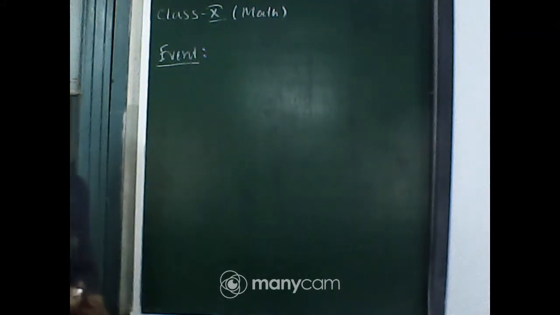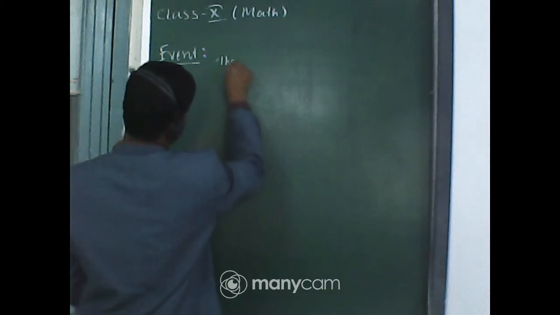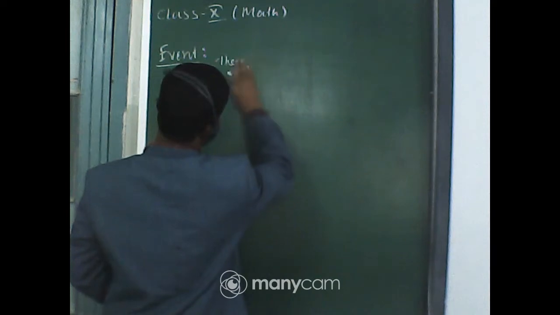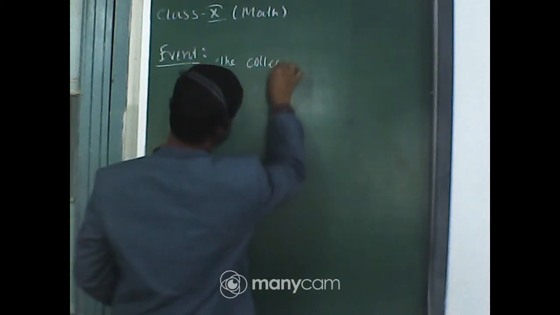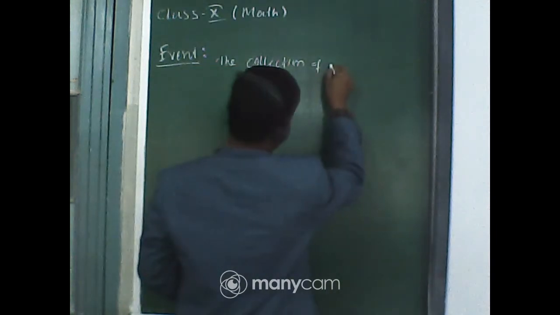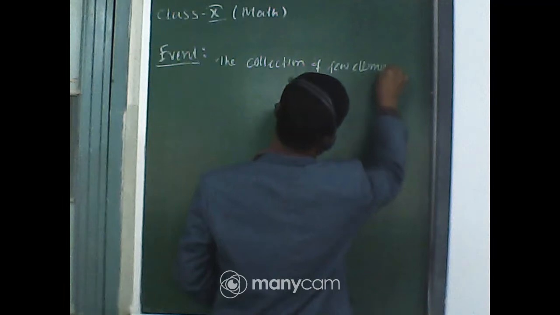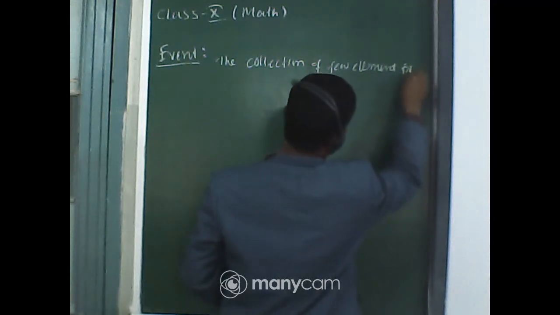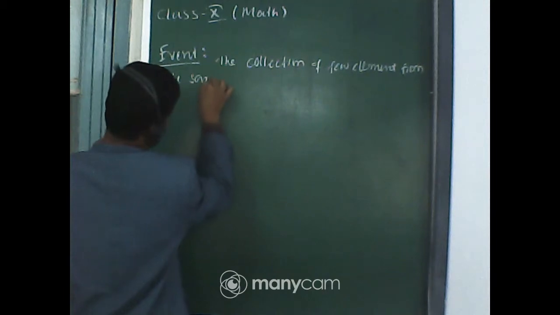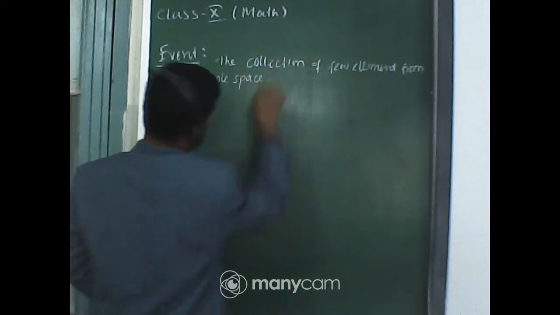Look, the definition of an event is a collection of a few elements from the sample space, and it is called an event.